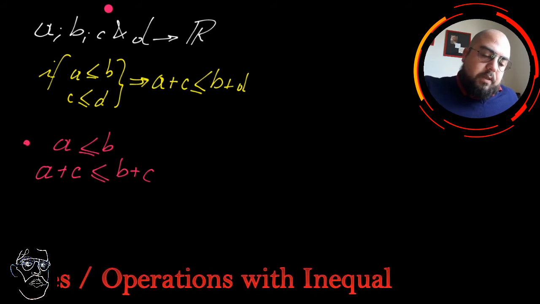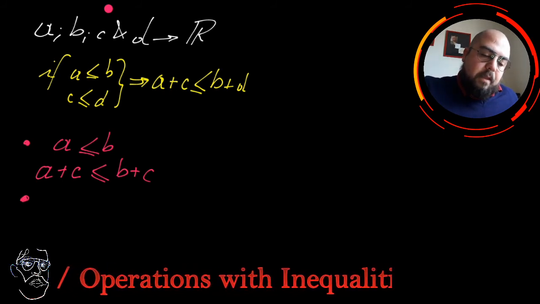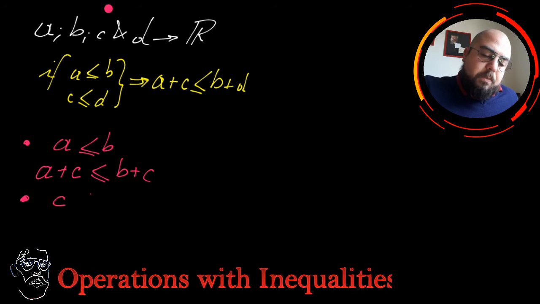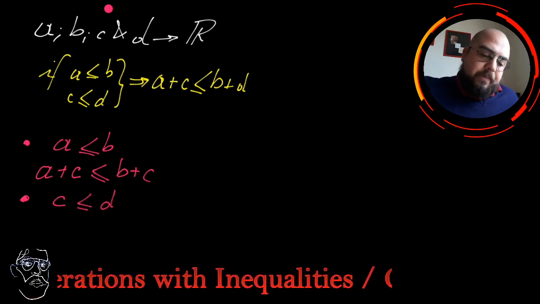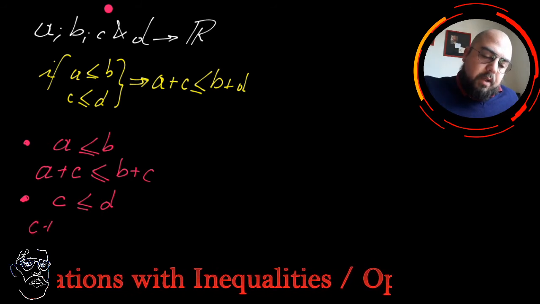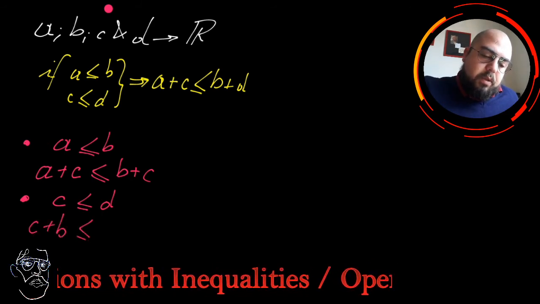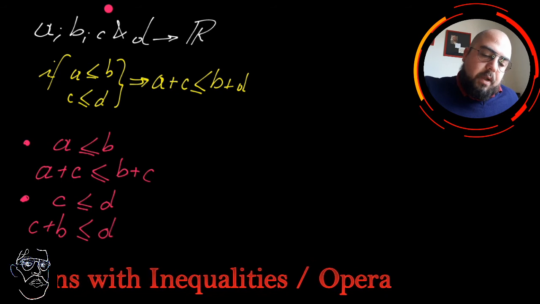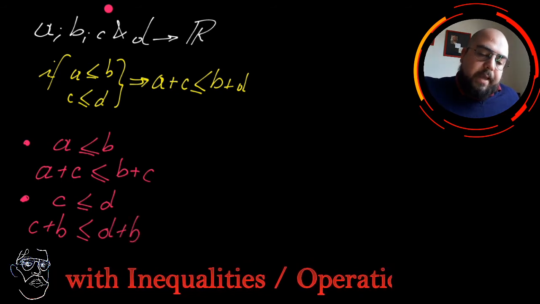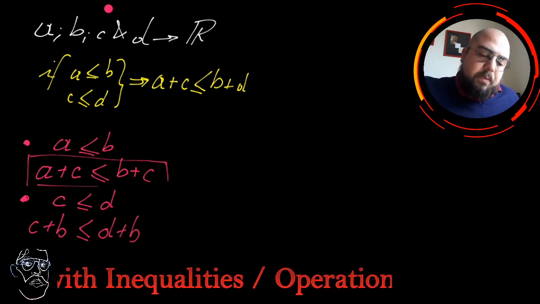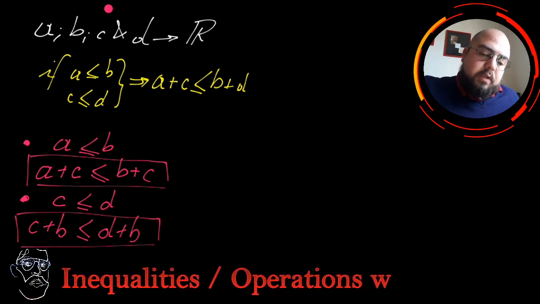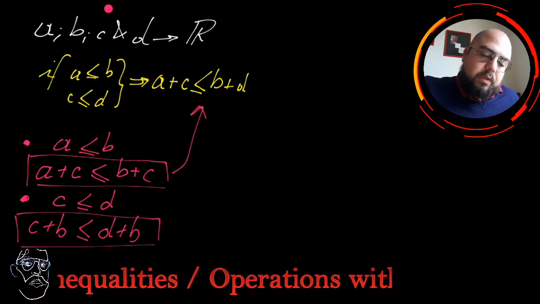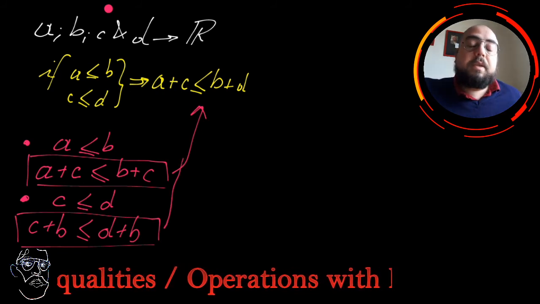The second part, I have C smaller than D. I'm going to add B, so I will obtain C plus B is smaller than D plus B. And as you can see, A plus C is smaller than B plus C, while B plus C is smaller than D plus B. So from these two I can deduce this relation.